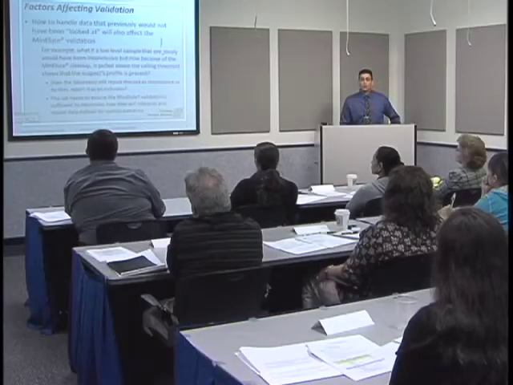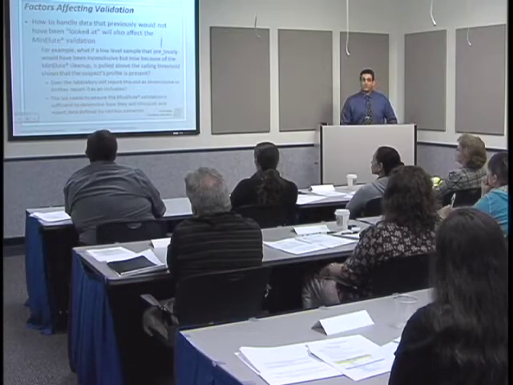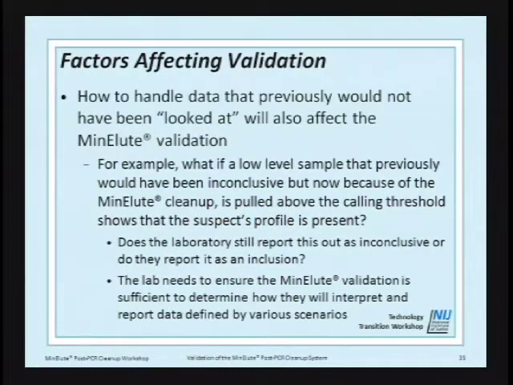How to handle data that previously would not have been looked at will also affect the MinElute validation. For example, what if a low-level sample that previously would have been inconclusive is now, because of the MinElute cleanup, pulled above the calling threshold, and this shows that the suspect's profile is present or is not present. The fact is, when it was so low before, you may have said inconclusive.